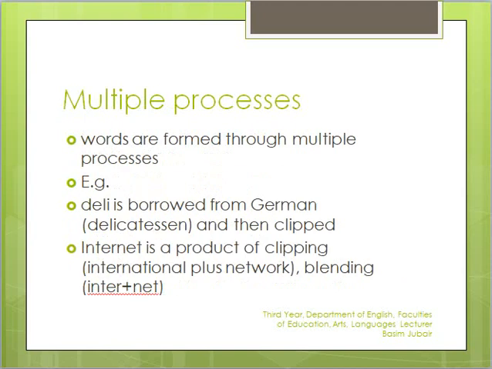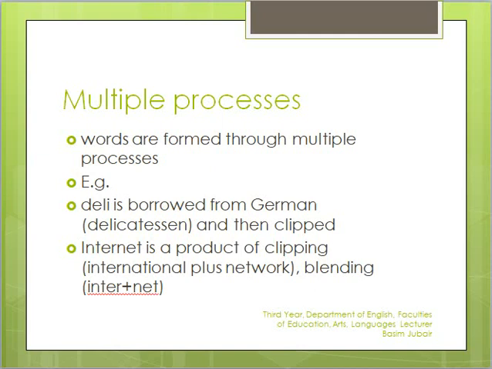There is the last one, which is multiple processes. Now, we have been mentioning at least 8 processes, and these processes can be combined all together to give one word, or some of them can be combined to yield a word. This is called multiple processes, where words are formed through multiple processes.